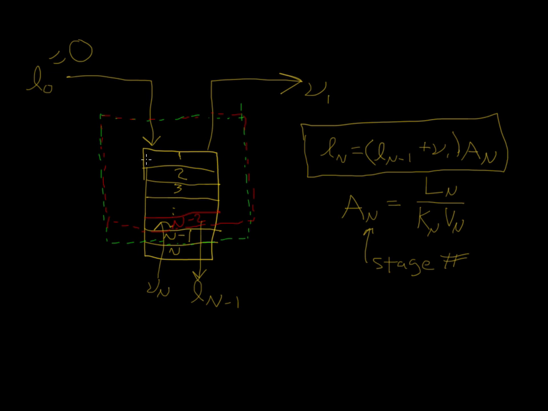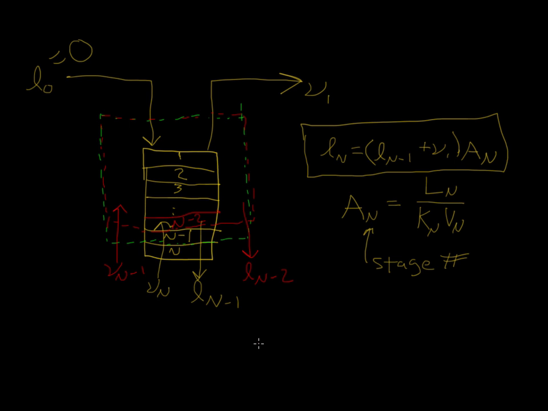And now into the box we have L naught, out of the box we have V1, and of course entering the n-2 stages comes little v n-1, and leaving will come little l n-2.